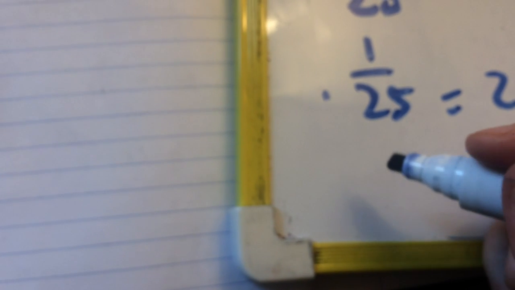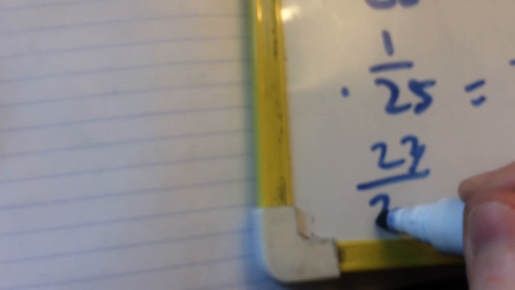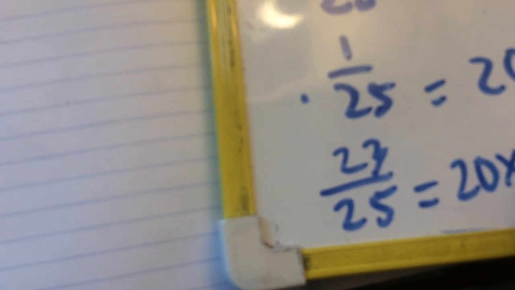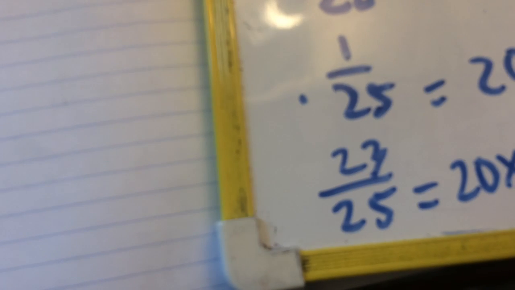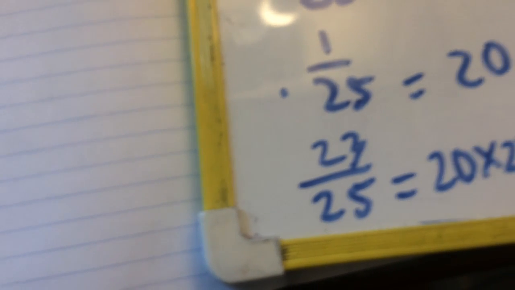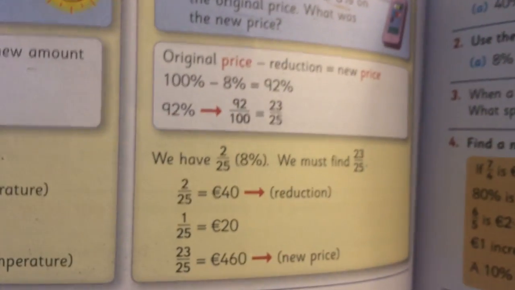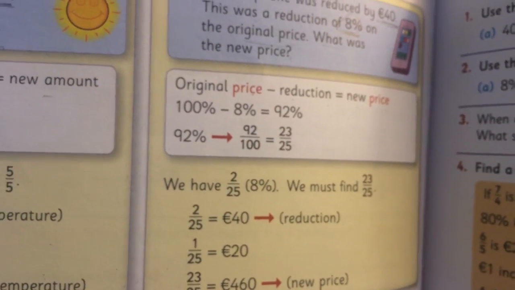Okay, 1 25th equals 20 euros. So now we're going to multiply that by 23. So 23 25ths equals 20 multiplied by 23, and the answer is 460 euros.